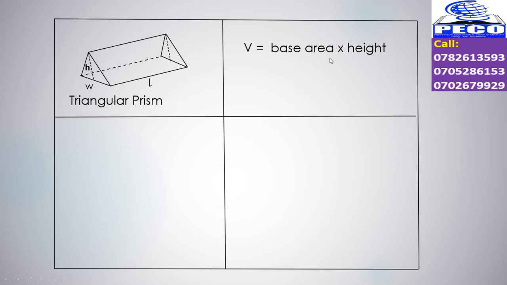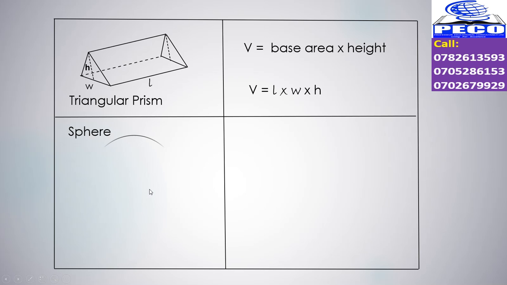We shall just get the base area times the height. So for this case, what will be the area of the base? W times L, or length times width. We shall get the area of this rectangular base times the height, then you get the volume. If the prism has a triangular base, if for example you changed it and has a triangular base, then you just get the area of the triangle times the height, depending on the shape of the prism. But for this case, it has a rectangular base, so it is L times W times height.